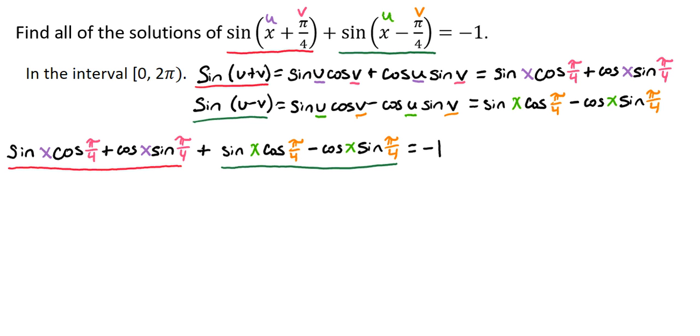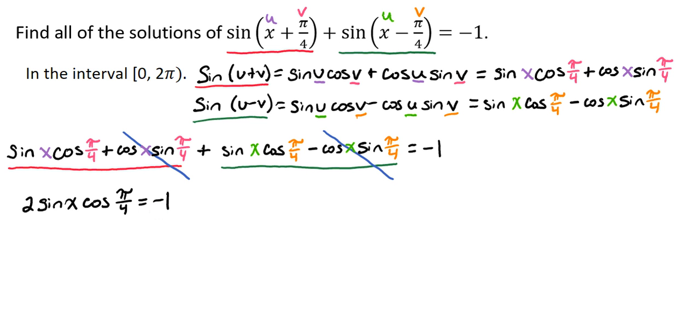We see that we have a positive cosine x times sine of pi over 4 and a negative cosine x sine of pi over 4. So those are going to cancel out. And that's going to leave us with 2 sine of x times the cosine of pi over 4 equals negative 1.